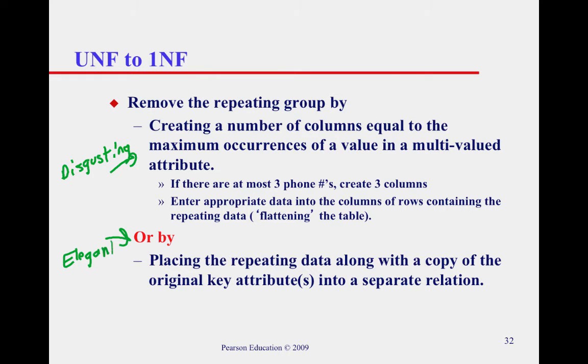The only problem with the elegant solution is that you might argue it could be less efficient, because the way you recreate the multi-valued attribute is with a join, whereas with the disgusting solution the data is all in one table. It's just that it makes writing the query so painful that I think you give up the efficiency for ease of use.